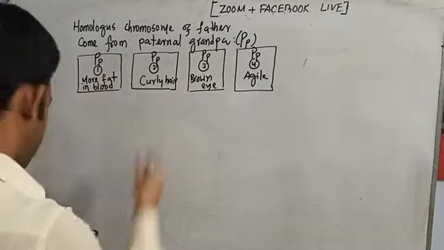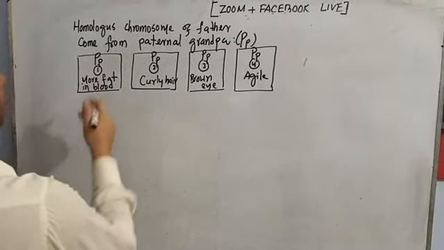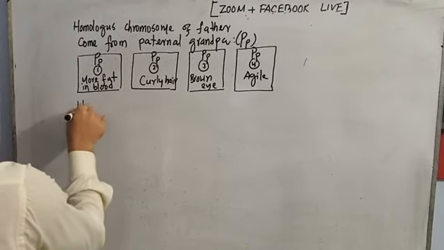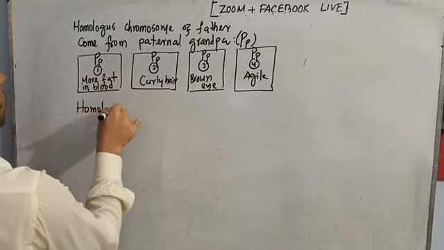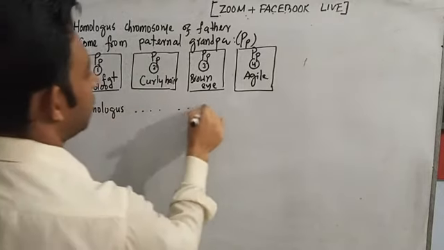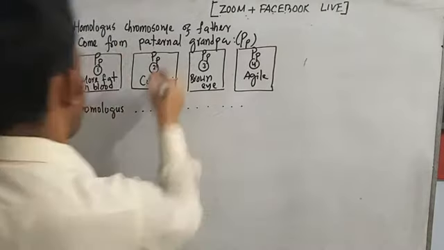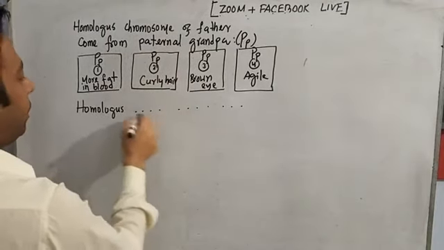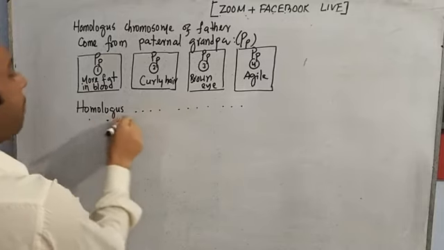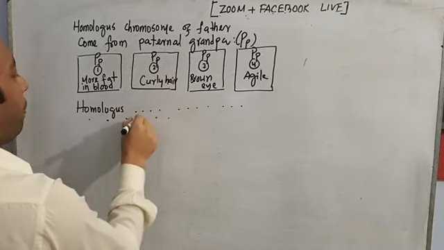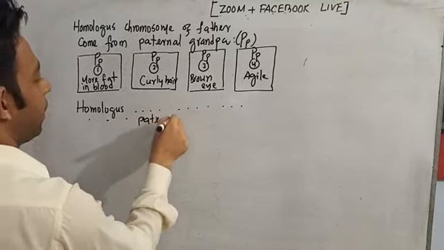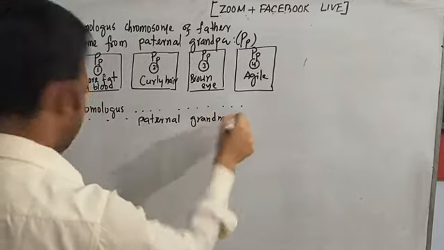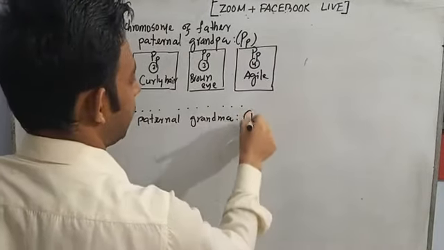Then, at first we go through the features. In a similar way, you can write here: homologous chromosome of father come from paternal grandma. The second one is PM.